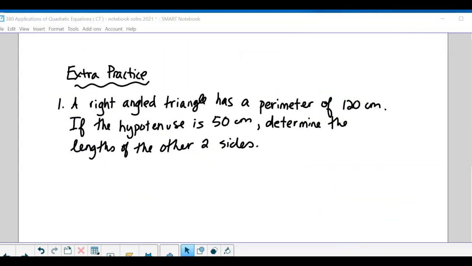Okay, here's a triangle type question. I think a good one similar to this. Okay, so very similar. You're going to use the Pythagorean theorem to help you with this one.